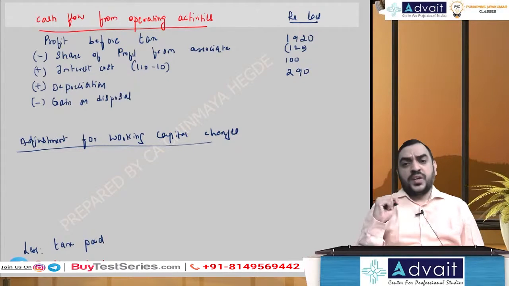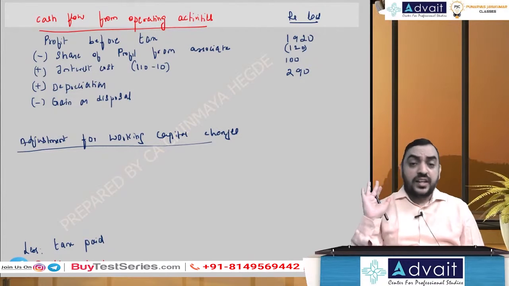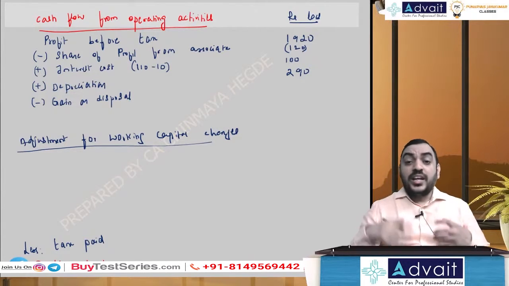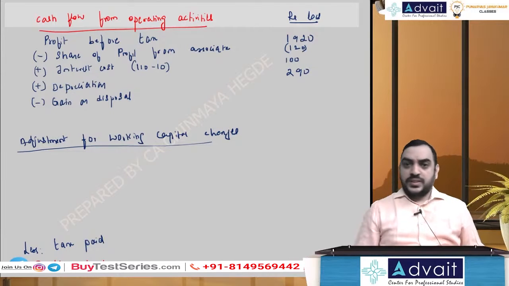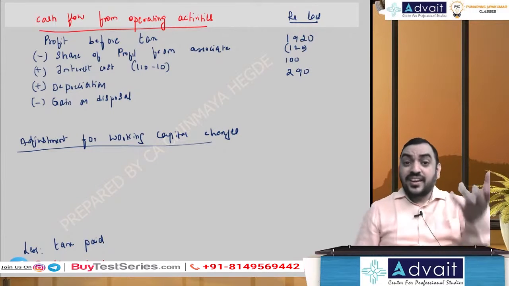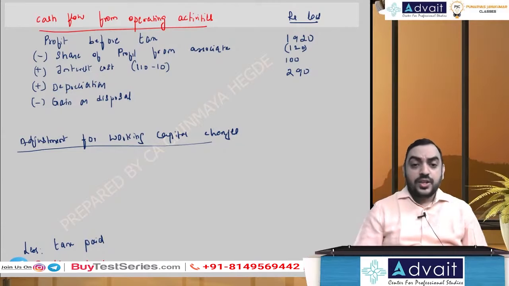Revaluation surplus, you don't worry about it because revaluation surplus is not added in this profit before tax. It's part of OCI. So there is no question of any subtraction here. Only if it was added earlier, that needs to be subtracted, or if it was subtracted earlier, that needs to be added. So gain on disposal, 630 minus 490, 140. Right?